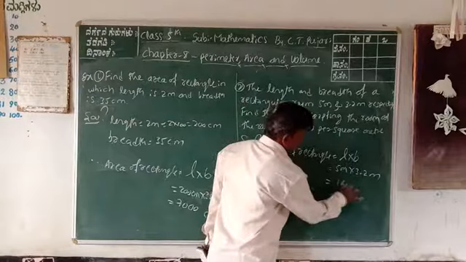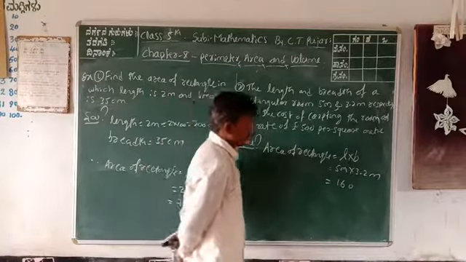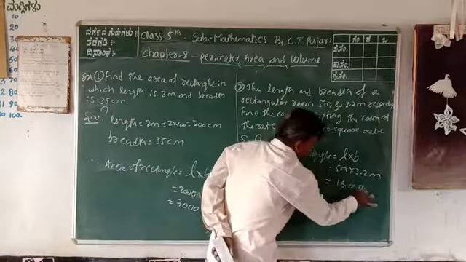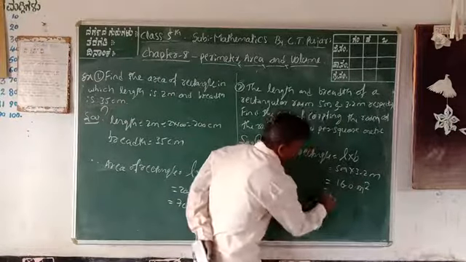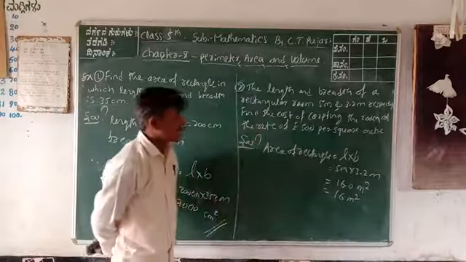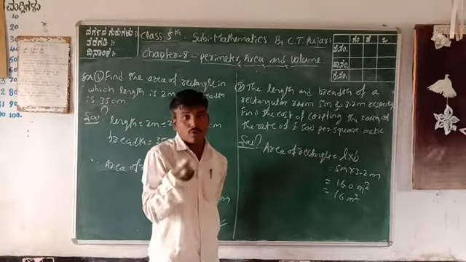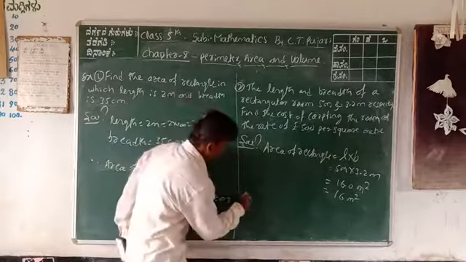Therefore 16 meter square is the area of the rectangle. But 1 meter square is equal to 500 rupees. The cost of carpeting.